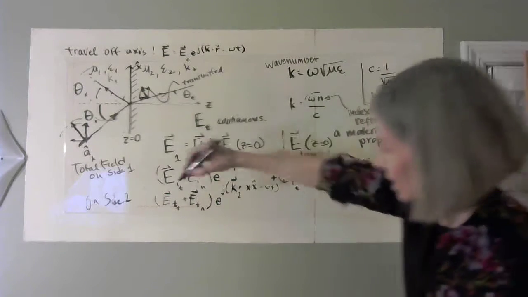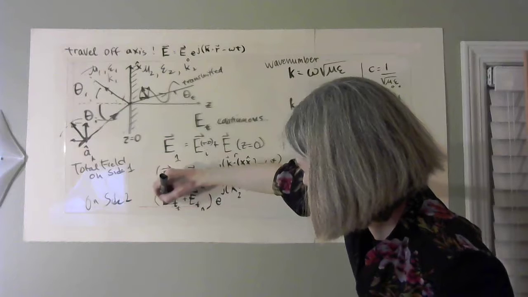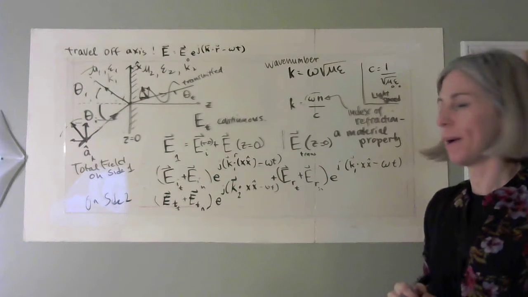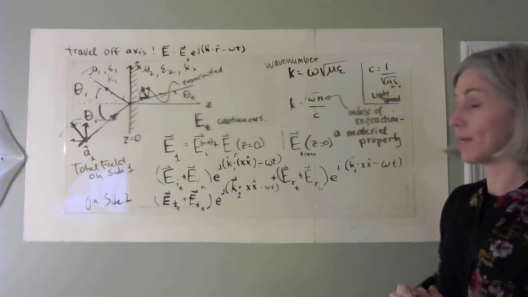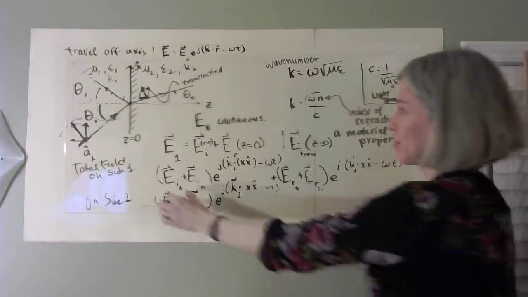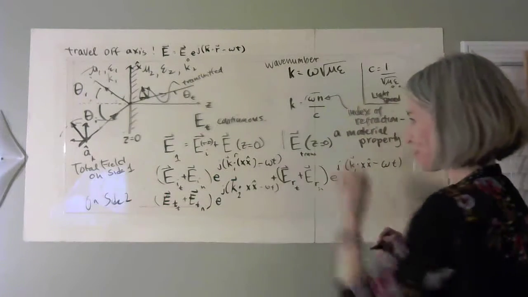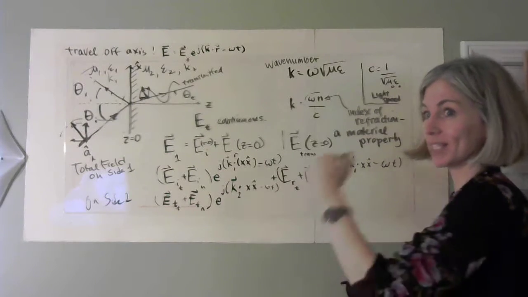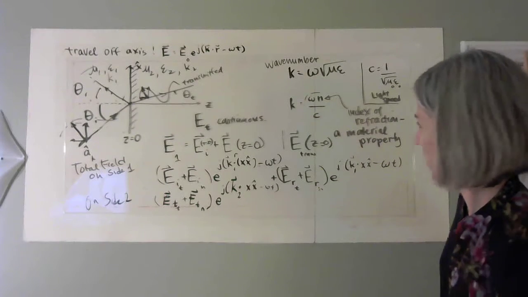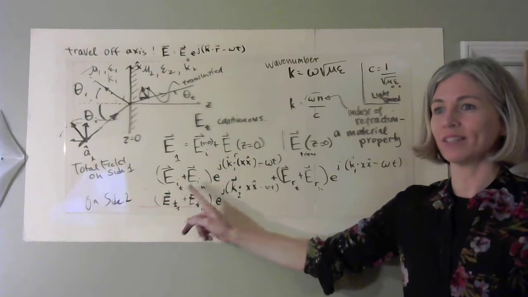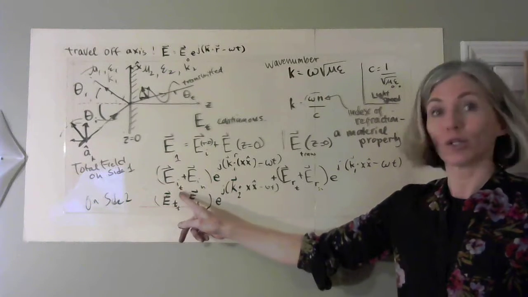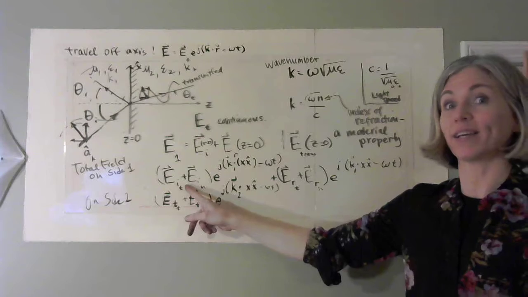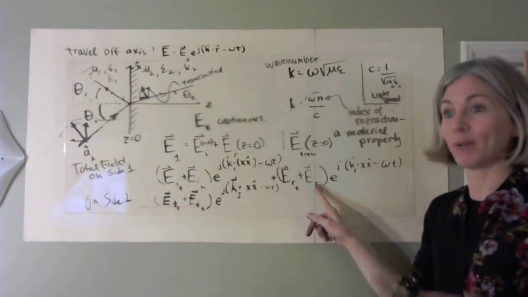Okay, so sticking all that stuff together, the only way we can match up these tangential components is if all these oscillatory terms match up. Then we can divide them out of the equation. We're setting the incident wave amplitude, and the other amplitudes we'll let come out of the equation.